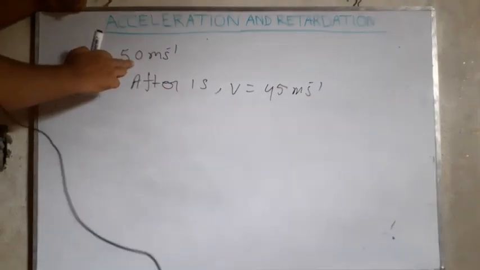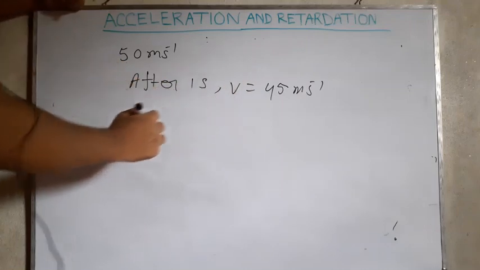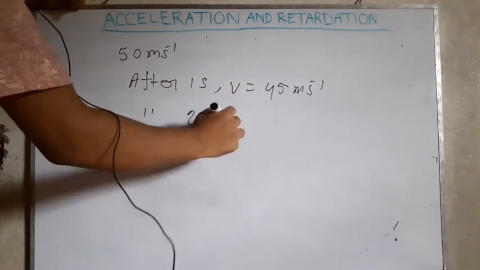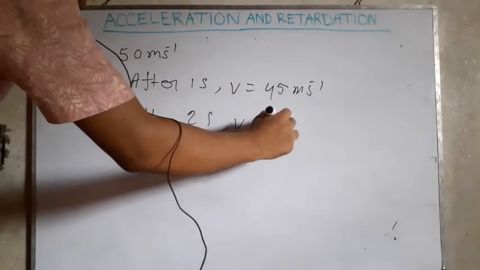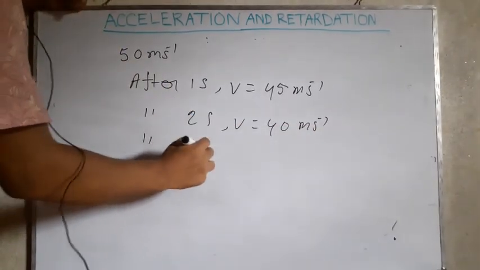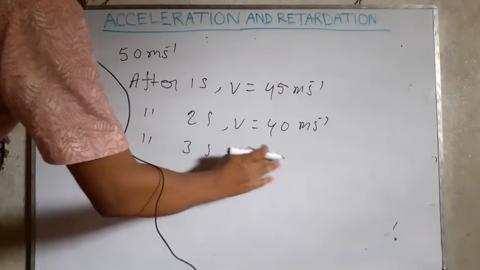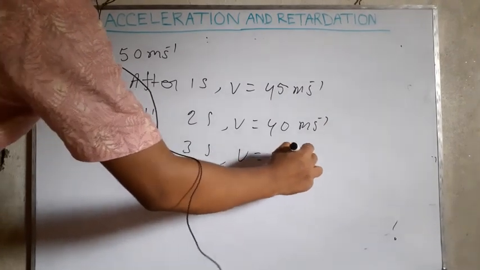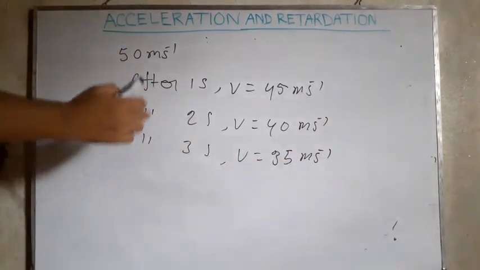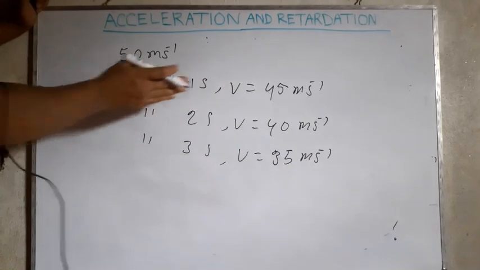Here initial velocity is 50 meter per second, after 1 second 45, after 2 seconds velocity is 40 meter per second, after 3 seconds velocity is equal to 35 meter per second. That is, in this case the velocity of the body is decreased with time.